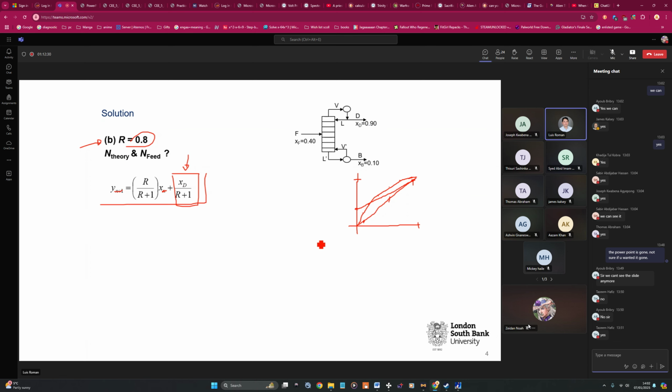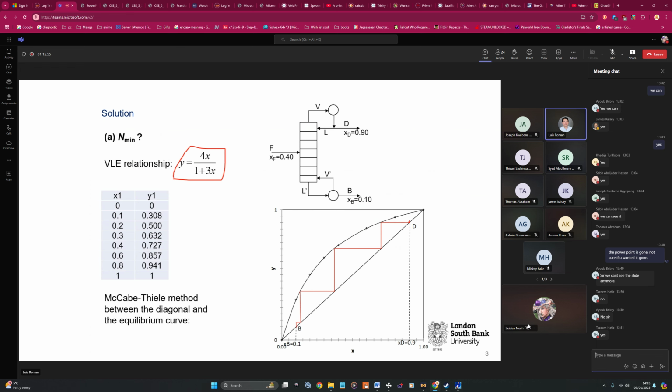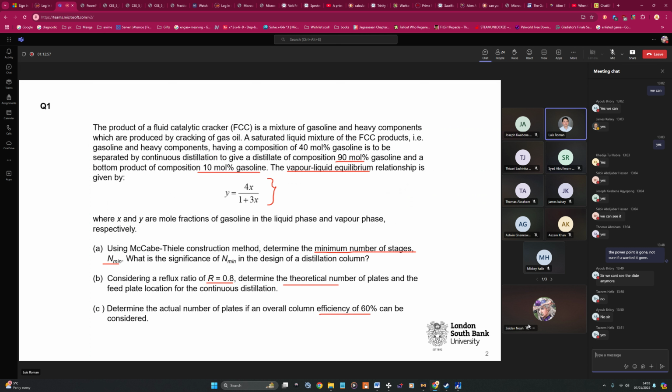You also then need to draw the stripping operating line. If you remember, one point of the stripping operating line is this value on the diagonal, the bottoms composition. But the other point is the intersection of the rectifying operating line and the feed line. The slope of the feed line depends on the thermal condition of the feed.